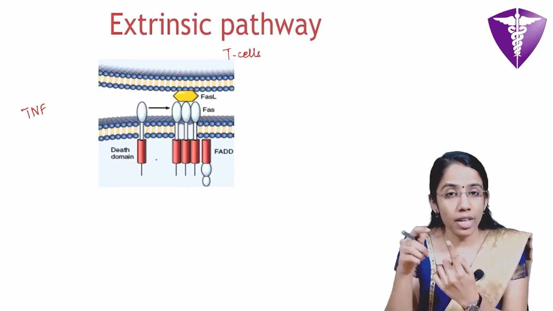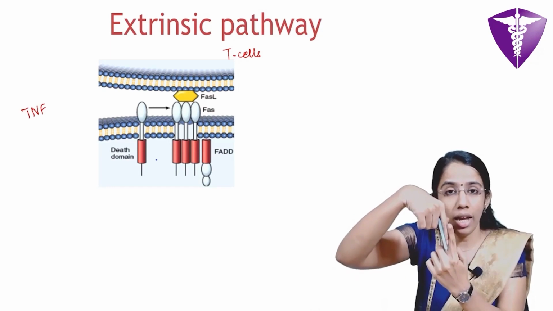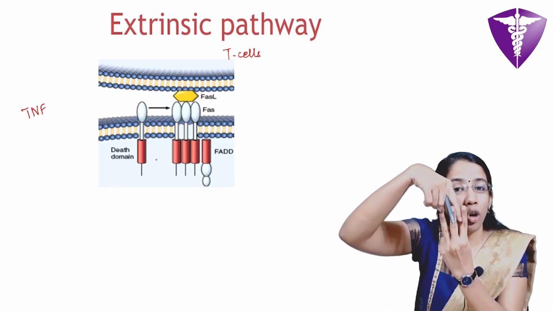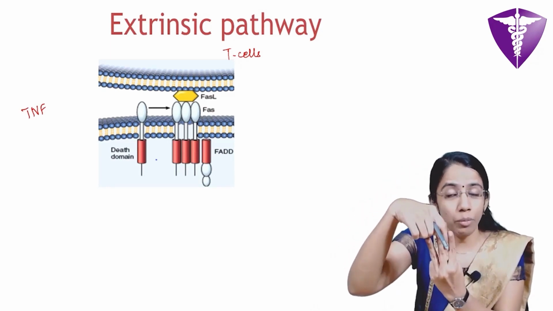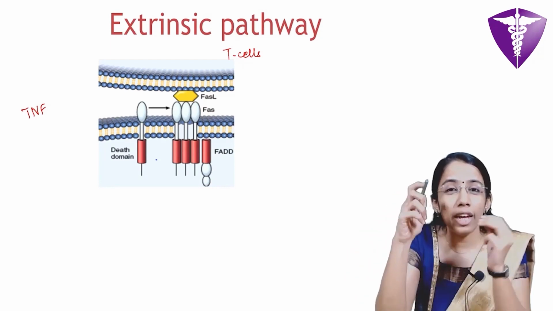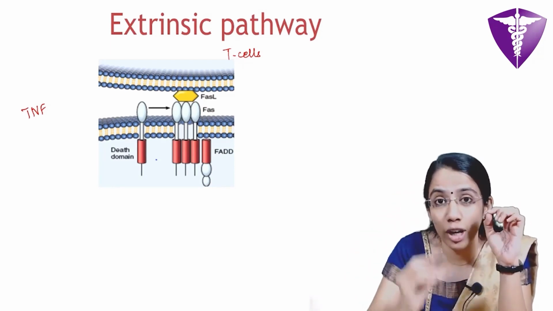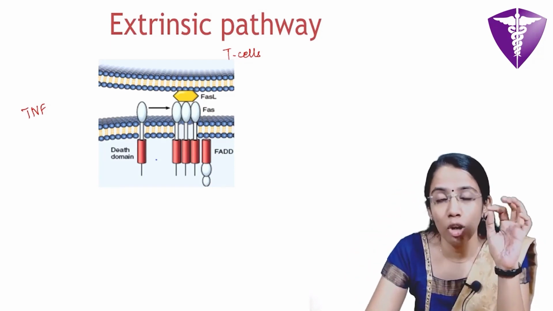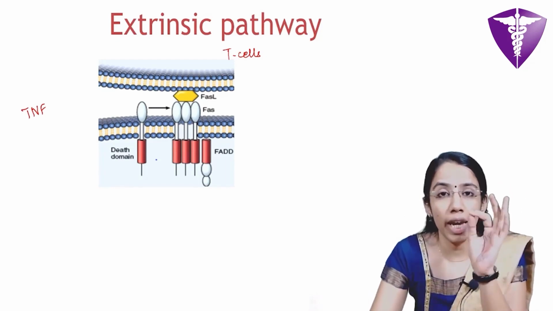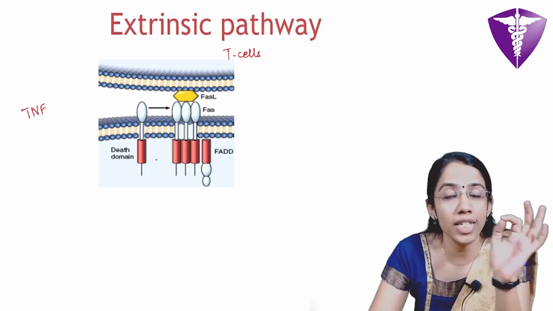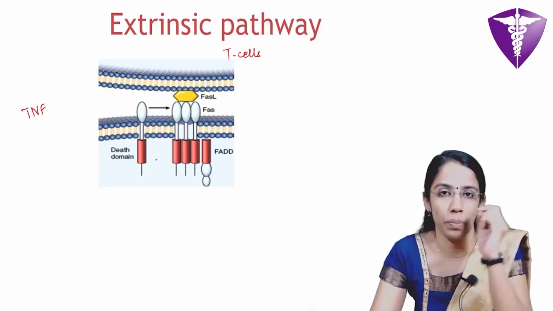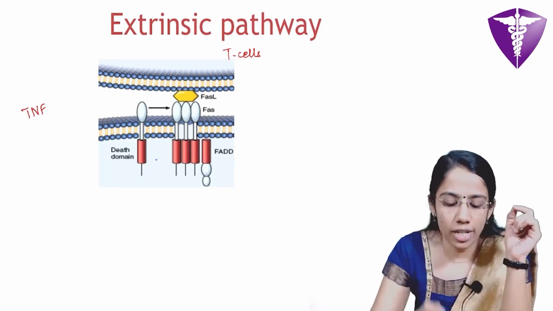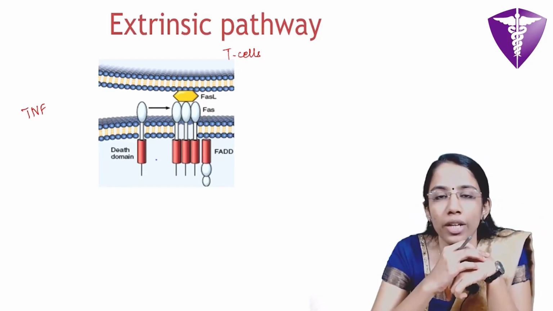So when FAS binds with FAS-L, three or more molecules of FAS come together and form a binding site for an adapter protein called FADD, that is FAS associated death domain. So FAS associated death domain comes into action.